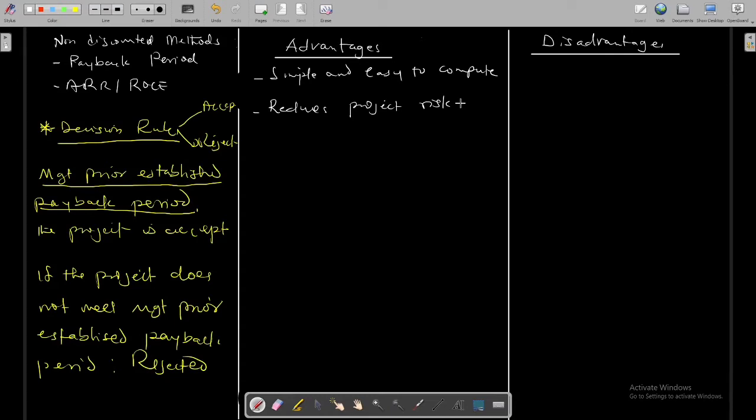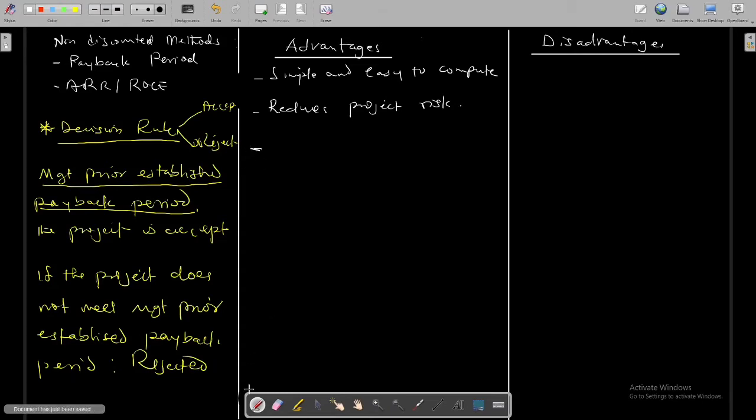It can be as a result of inflation, increase in the cost of capital, etc. So if a project is able to recover its initial investment within the shortest possible time, especially if management sets a shorter payback period, then all the risk associated with that project can be minimized to the extent that the project has recovered all that was invested. Therefore, what is left is the returns that will accrue to the investors.